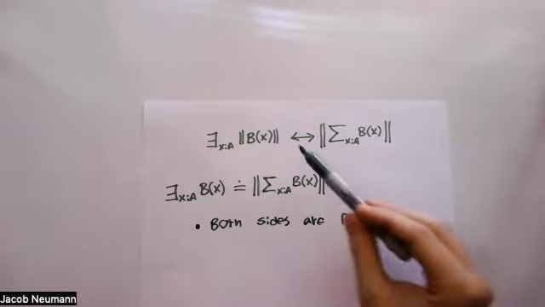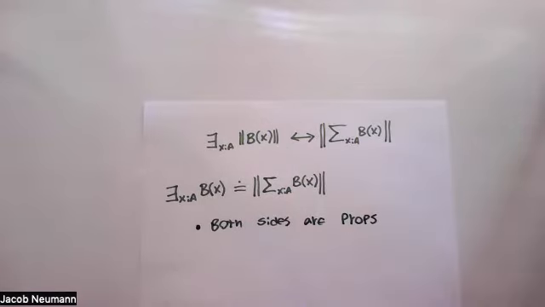So we can just define a map in one direction and a map in the other direction, and we don't need to check that they commute to the identity or anything. And both sides being props makes it a lot easier, because we can use the universal property of propositional truncations.